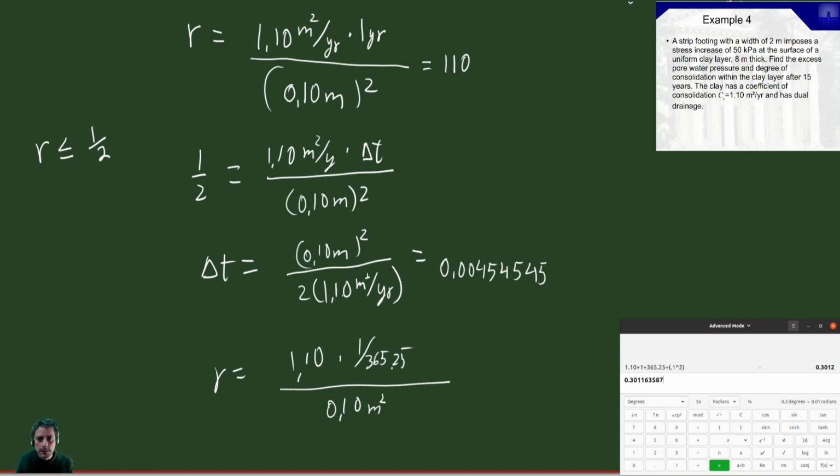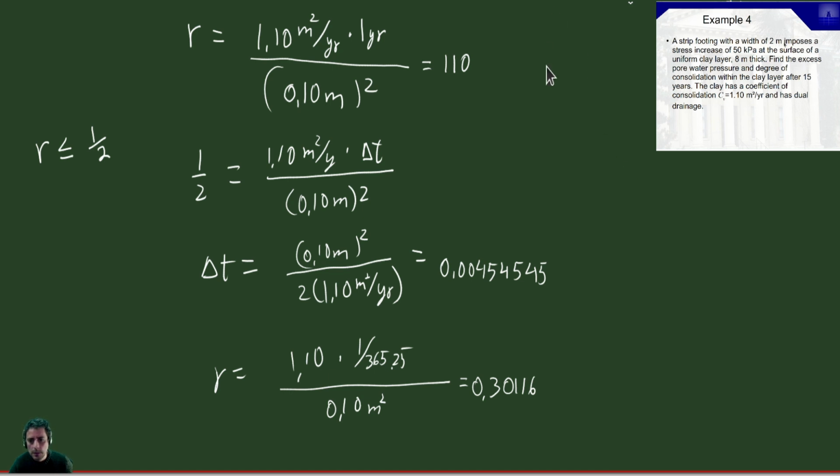So that gives us a value of 0.30116. That sounds like a plan.